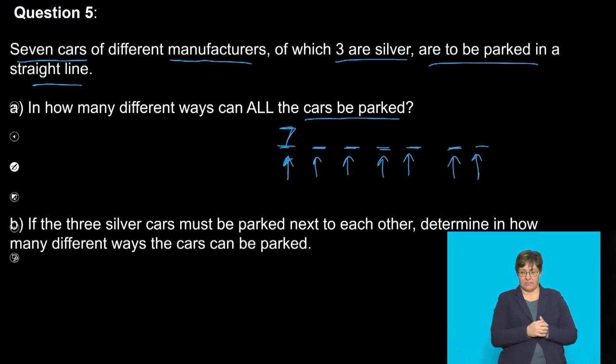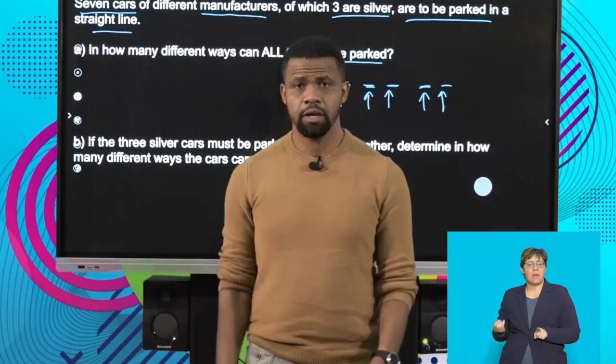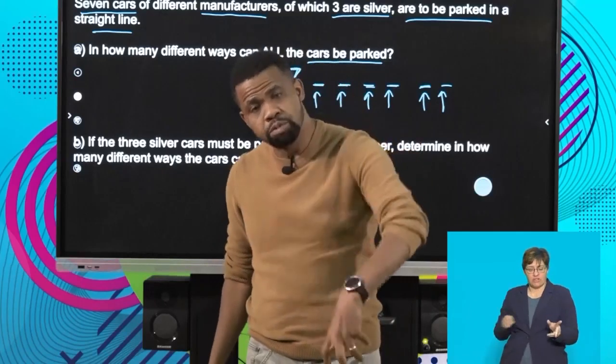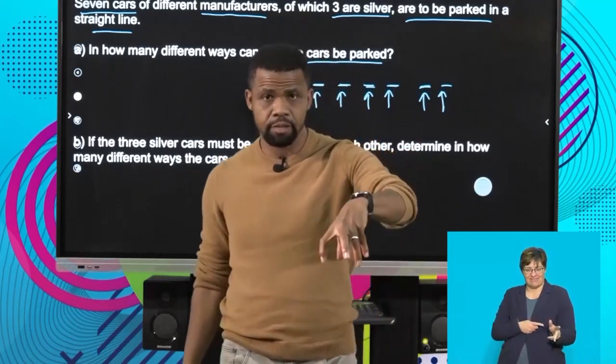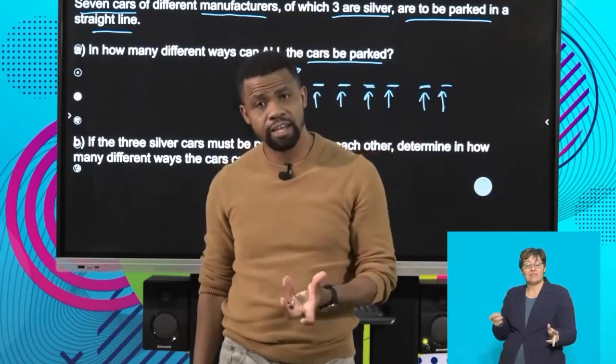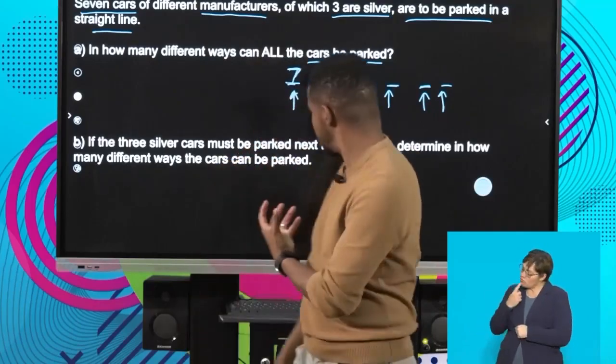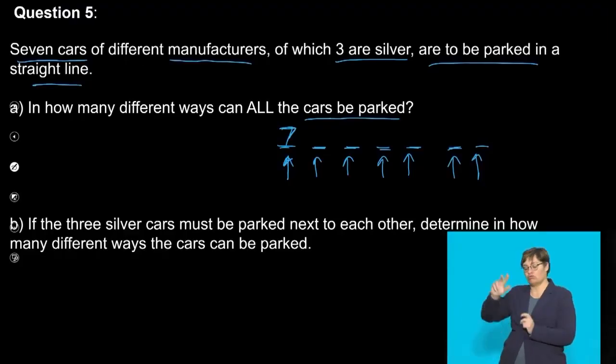So the first car to arrive has 7 choices. The first spot has been taken. The next car has how many choices left? The next car has 6 choices.